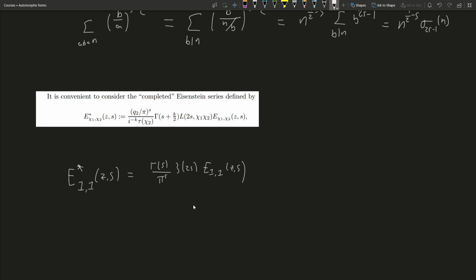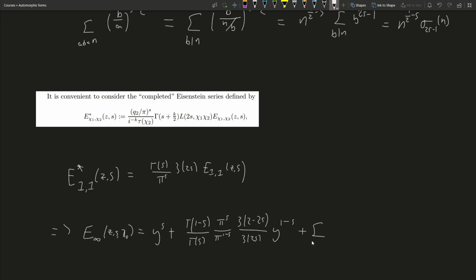Okay. So this is what we end up with. And what that's going to imply is that our Eisenstein series at the cusp of infinity is going to be equal to y to the s plus, and now here we have gamma of 1 minus s over gamma of s, and then we have a pi to the s over pi to the 1 minus s, and then we have a zeta of 2 minus 2s over zeta of 2s, y to the 1 minus s, and then we have our Fourier expansion.